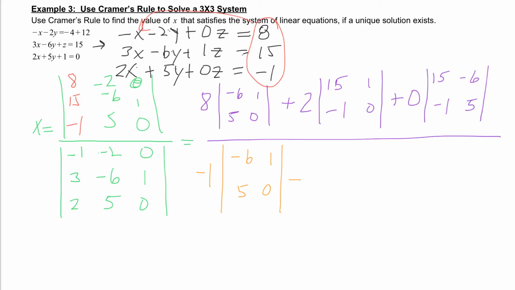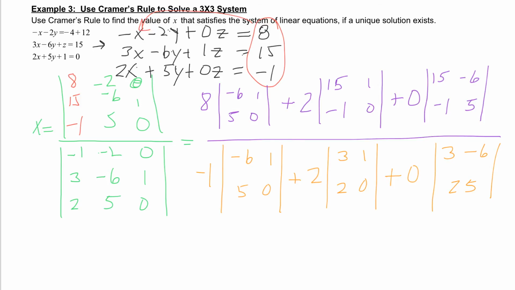Then I'm subtracting, so I'm taking the opposite of my next number, which here is negative 2. So that's going to become a positive 2 here, times my determinant. Remember, I'm taking out this top row and the middle column. So the only things that are left are the 3, the 1, the 2, and the 0. So this becomes 3, 1, 2, and 0. And then I'm going to add on my last part, which is my 0, times my determinant, which if I take out this row and this column, I'm just left with this box right here, which is 3, negative 6, 2, and 5.